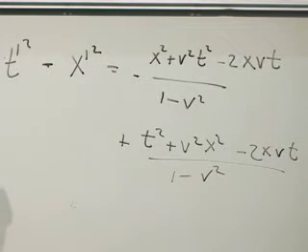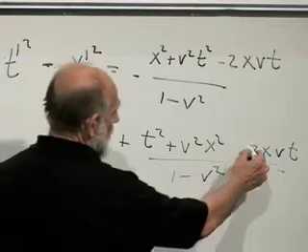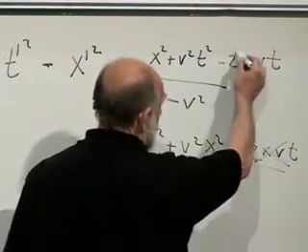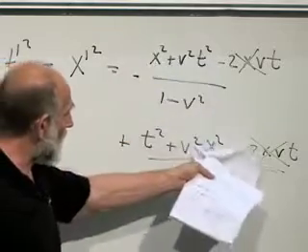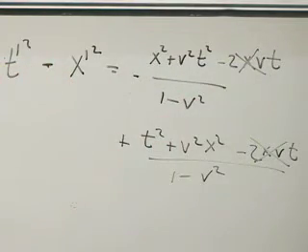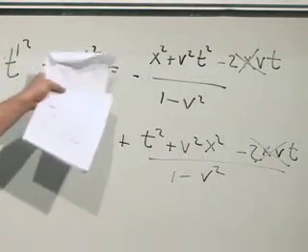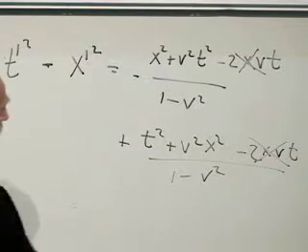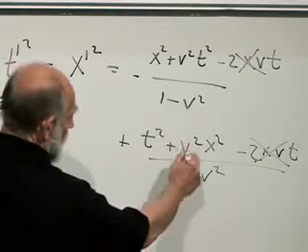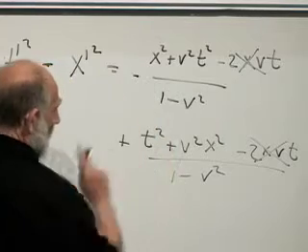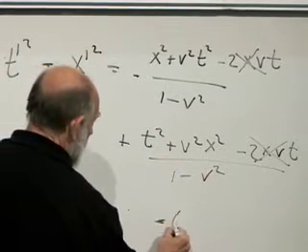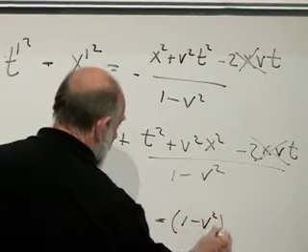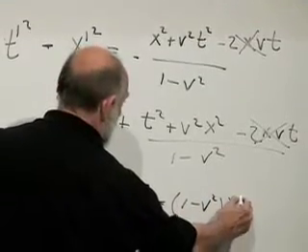The first thing that we notice is that these cross terms cancel. Now, the x squares don't cancel, because here we have v squared x squared minus x squared. So that's minus 1 minus v squared, times x squared.